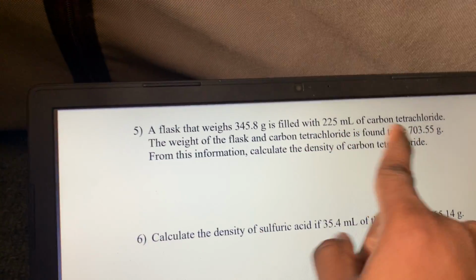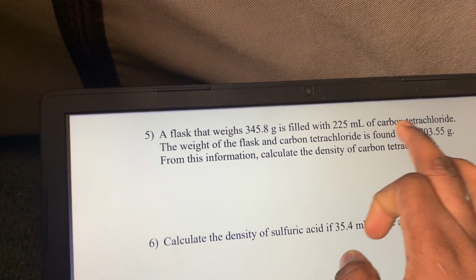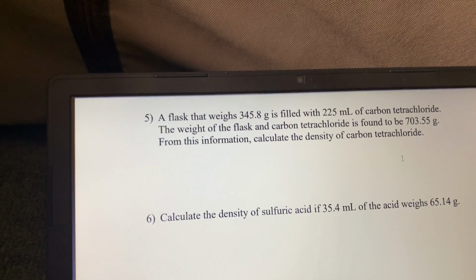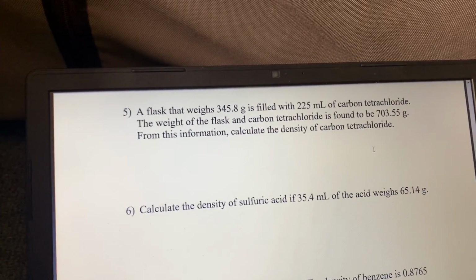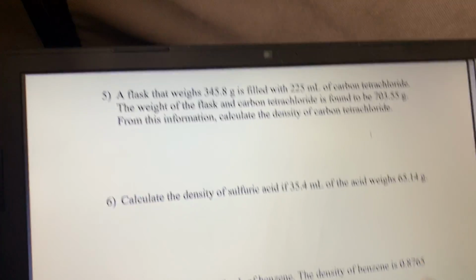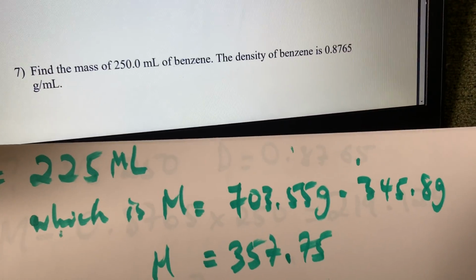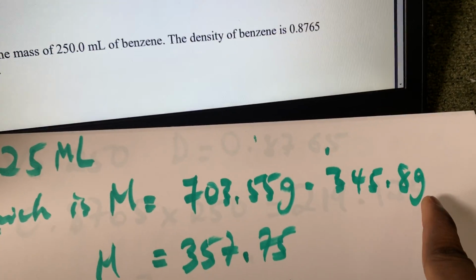So now you need the mass of carbon tetrachloride. To find the mass, you use the total mass after you pour the carbon tetrachloride inside the flask, which is 703.55, and subtract from it the weight of the flask at the beginning, which is 345.8.